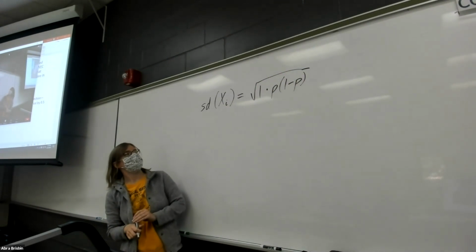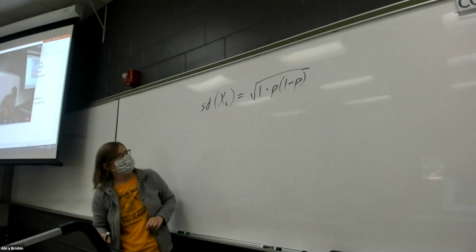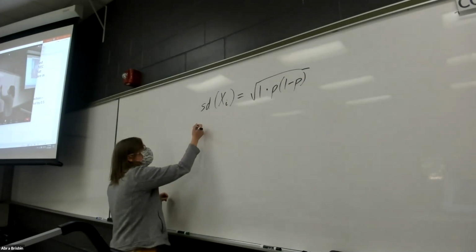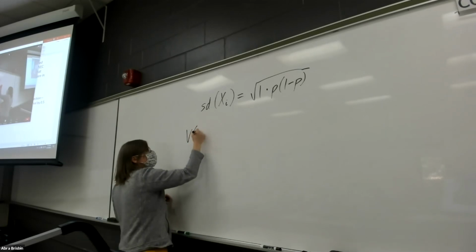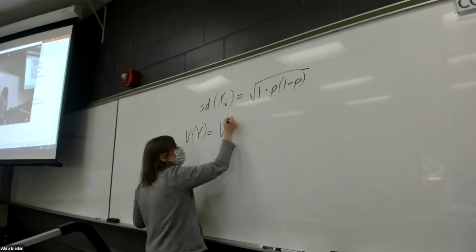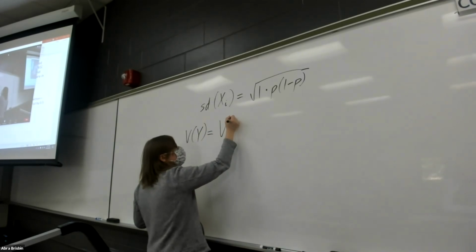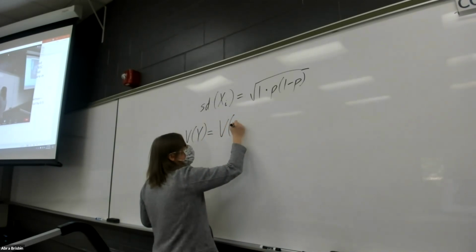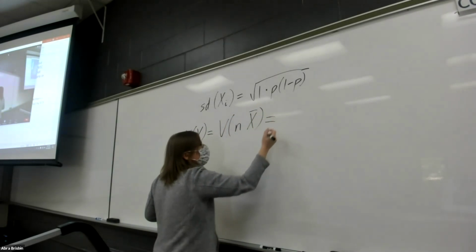So then when you calculate the standard deviation of y, let's do the variance of y first. That's going to be the variance of n times x bar.